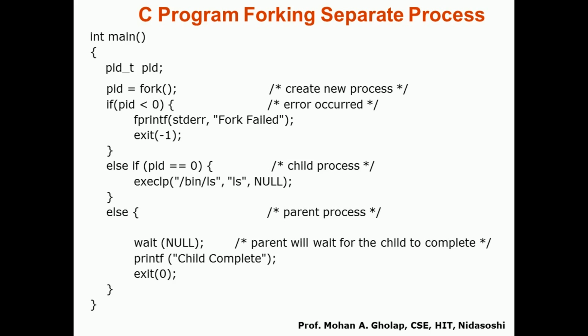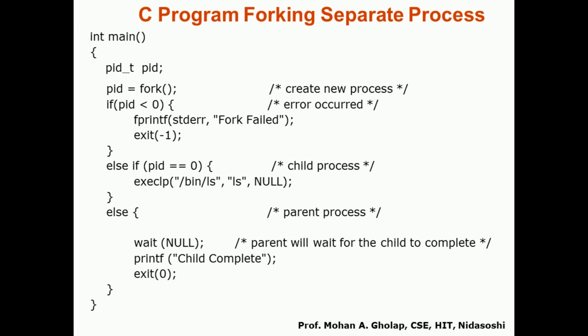So if you get the value of pid equal to 0, it is assumed that you are in the child space, and if the value of pid is greater than 0, you have to assume that you are in the parent process. Remember this. Although you call the fork system call once, it returns twice: once to the child process with the value 0, and another time to the parent process with the PID of the newly created process.